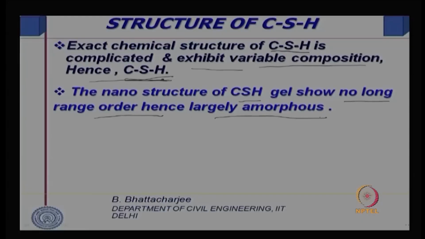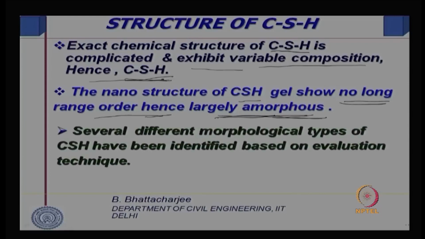Instead, we talk of the nanostructure of CSH at a very fine level. So, these CSH gels show no long range order, hence they are largely amorphous. A repetition of the structure is not there, therefore it is largely amorphous.